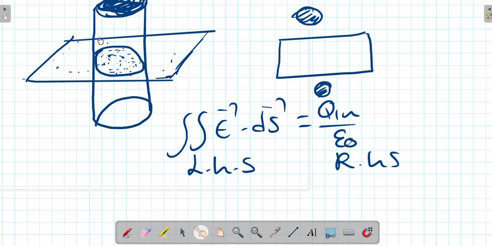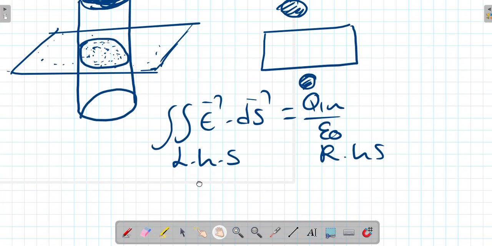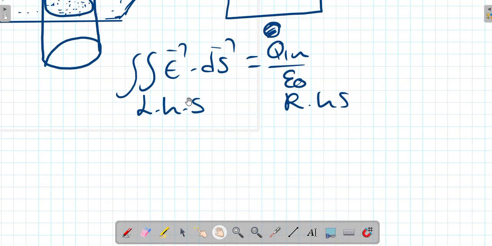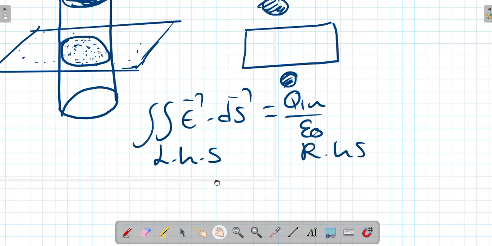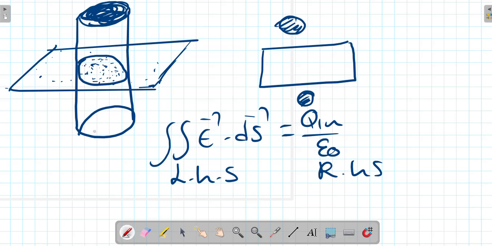You can get three surfaces out of a cylinder, so your integral can be decomposed further into those three surfaces. Let me call this surface S1, this is S2, then this is S3.